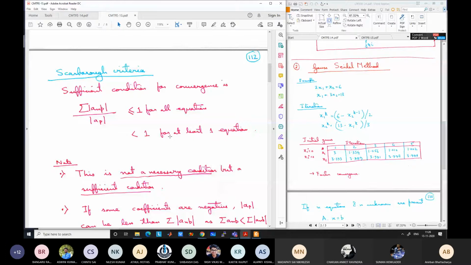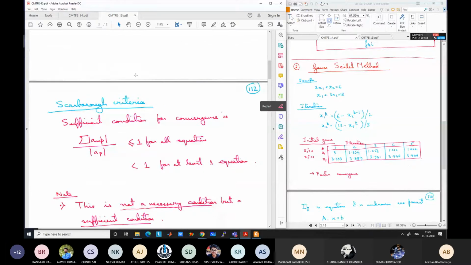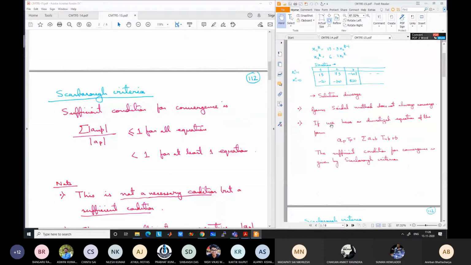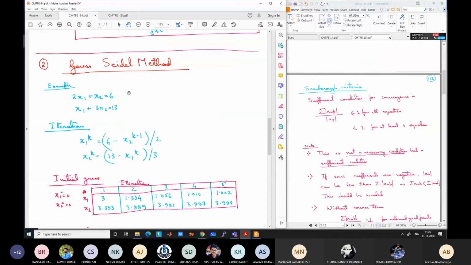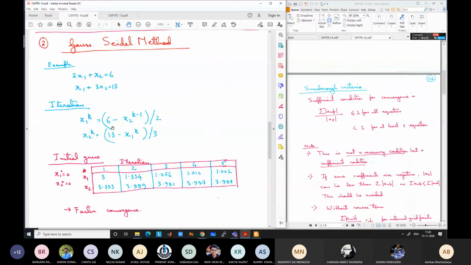So if you look back at our equations, in this case, Gauss-Seidel method, we have devised a scheme like this: 2x1 plus x2 equal to 6, so x1 at iteration k is equal to 6 by 2, means 3, minus half x2 at k minus 1.